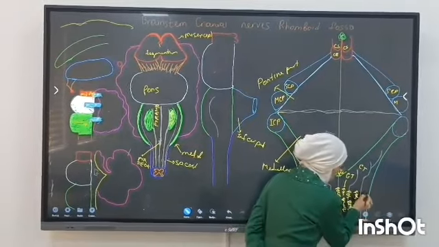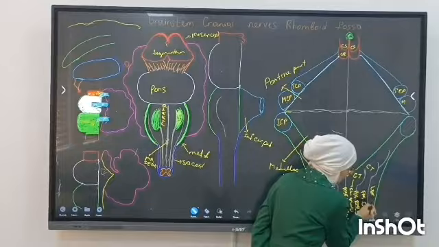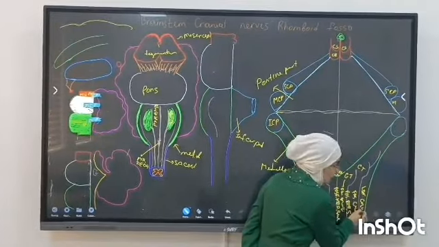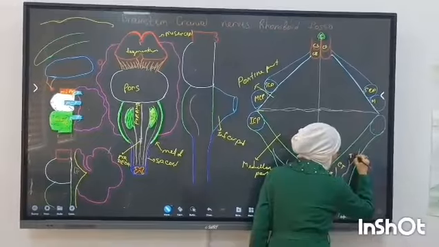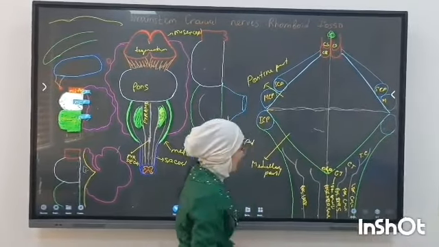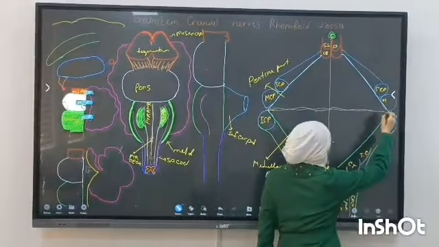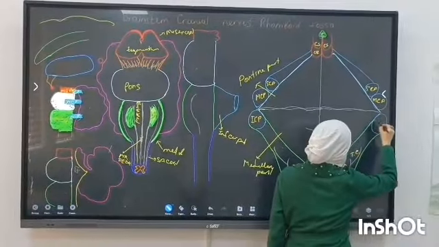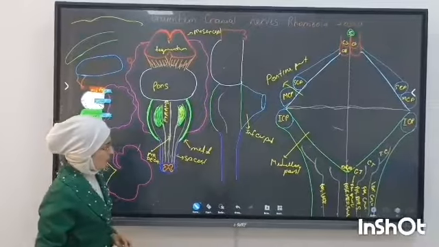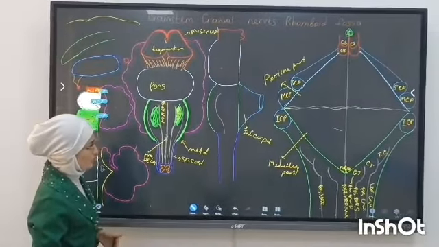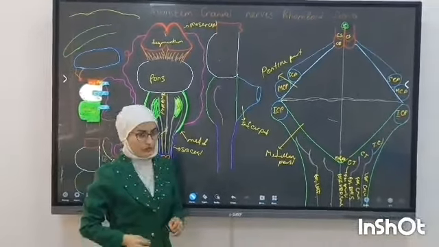And this part is the lateral column. And there is the tuberculum cinereum. This is the posterior view of the medulla oblongata, which participates in the formation of the rhomboid fossa.